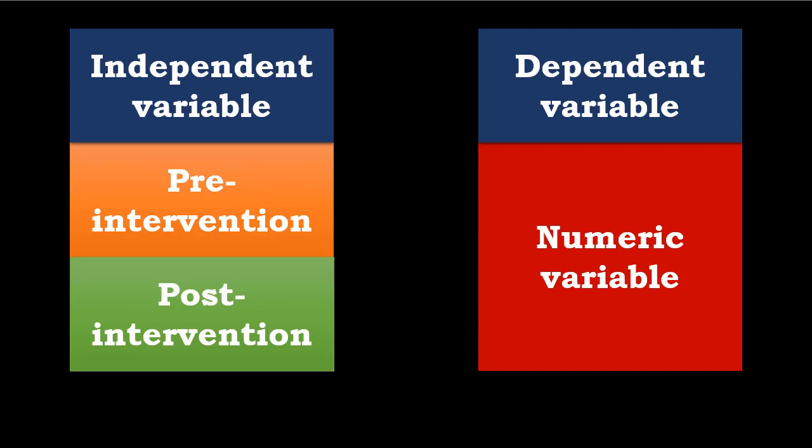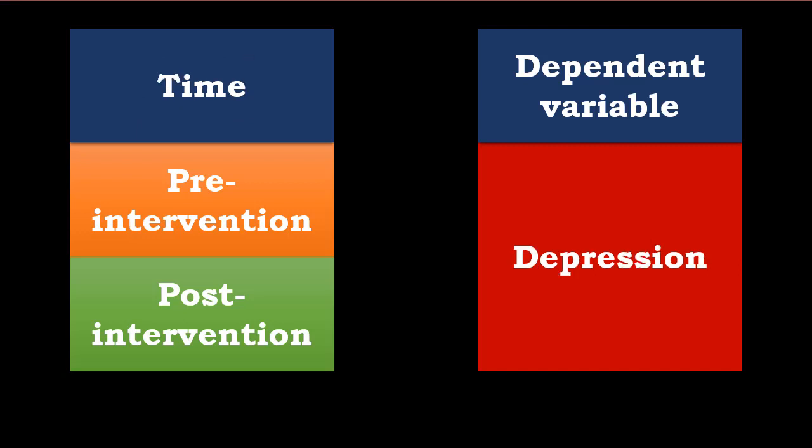Another instance in which this design can be used is when we've got an independent variable with pre-intervention and post-intervention as the two possible values, and we've got some numerical dependent variable. As an example, we want to see whether a psychotherapy decreases depression.